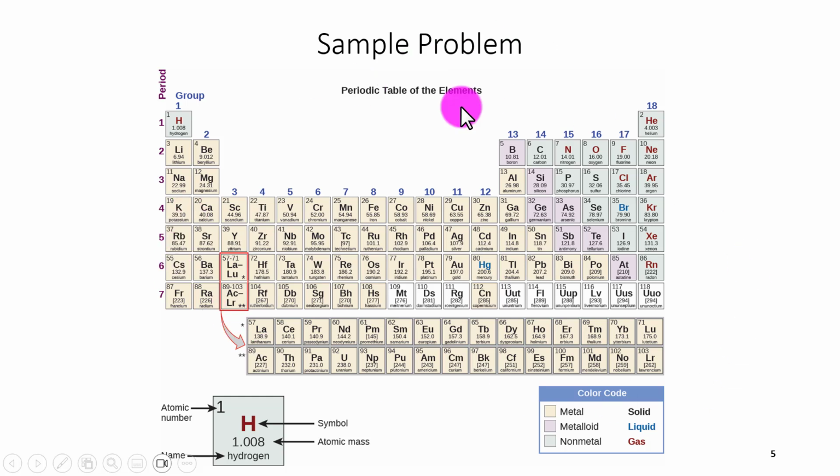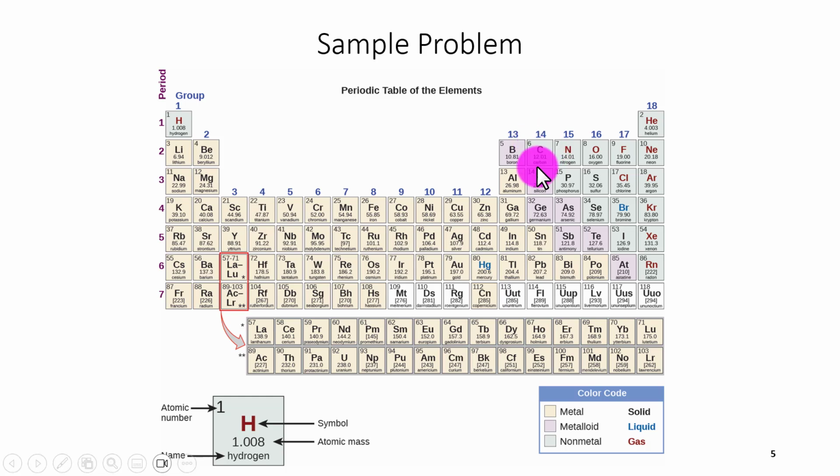Here's our periodic table. I find where carbon is, and right underneath the symbol, what do I see? I see the molar mass. So 1 mole of carbon weighs 12.01 grams. That is my conversion factor from grams to moles, and I get that from the periodic table for each element.